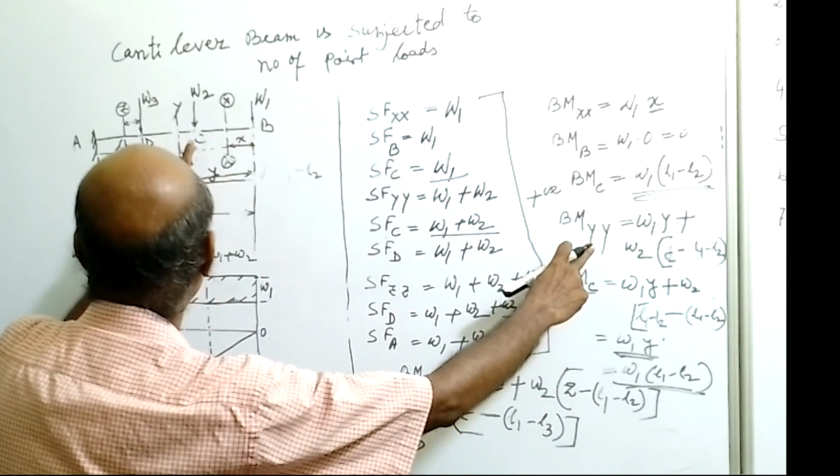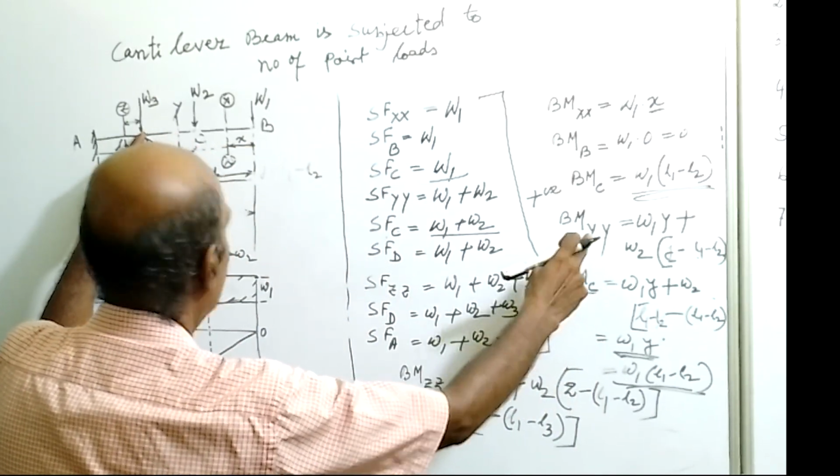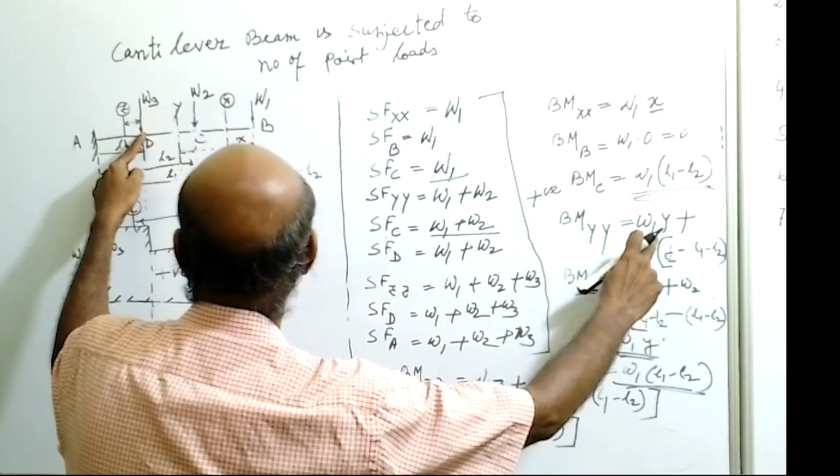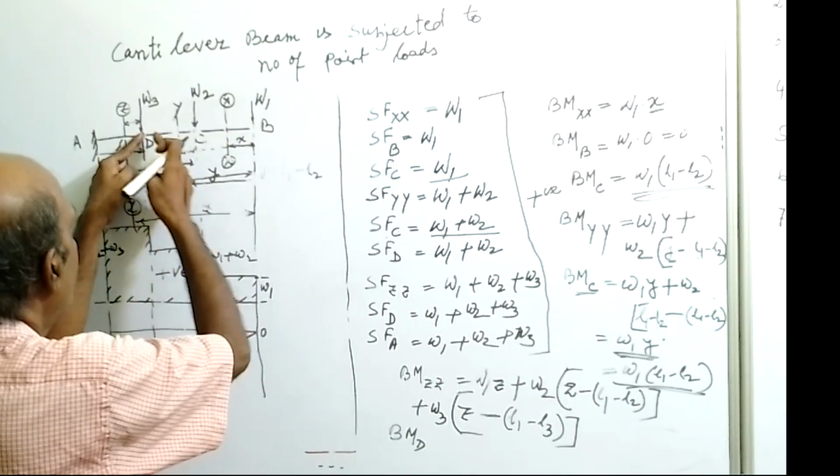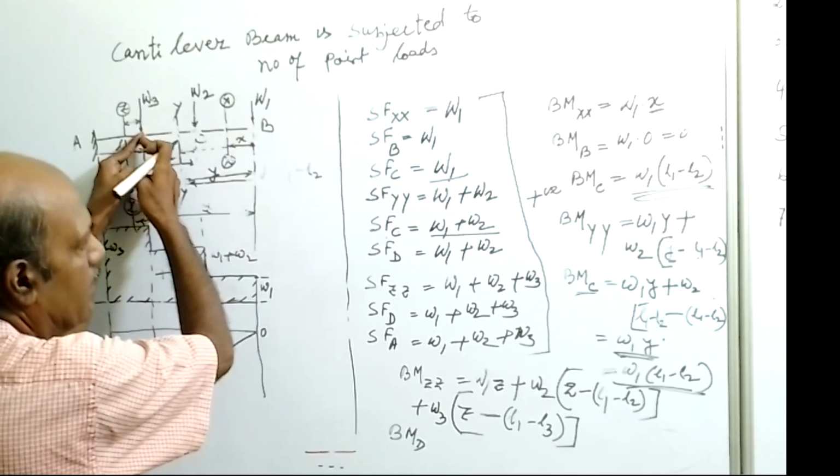So when we slide this section YY to point D, the y value will be L1 minus L3.